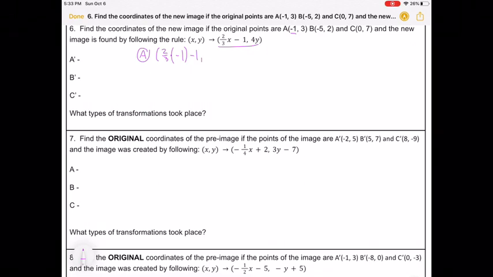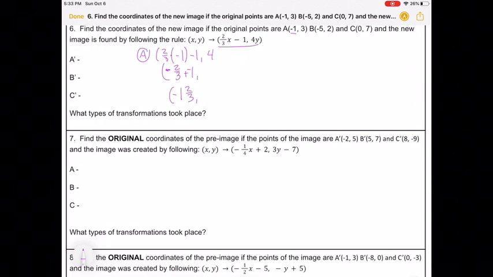So 2/3 times negative 1 is negative 2/3 minus 1 gives me, well, here, I'll write it a little slower. All right, so negative 2/3 minus 1, that's like plus and negative. Again, you can use your calculator though. So that comes to negative 1 2/3 for the x value. And for the y value, it's just 4 times y.